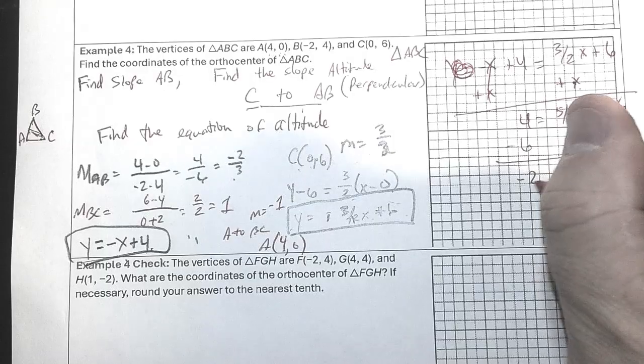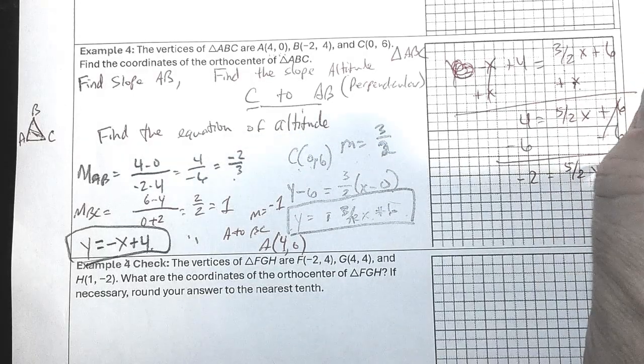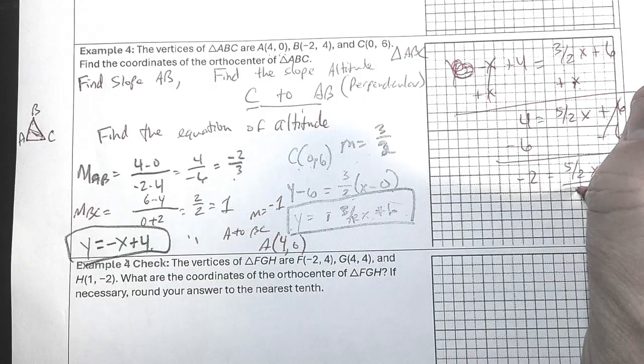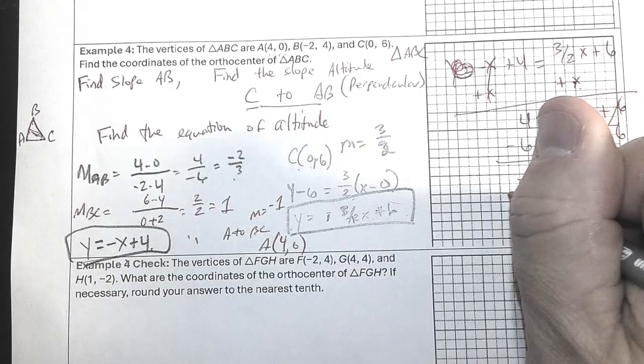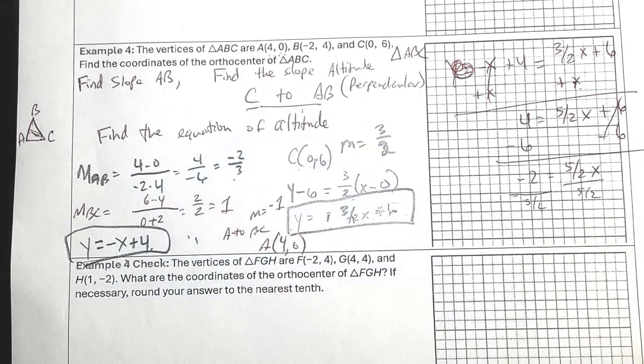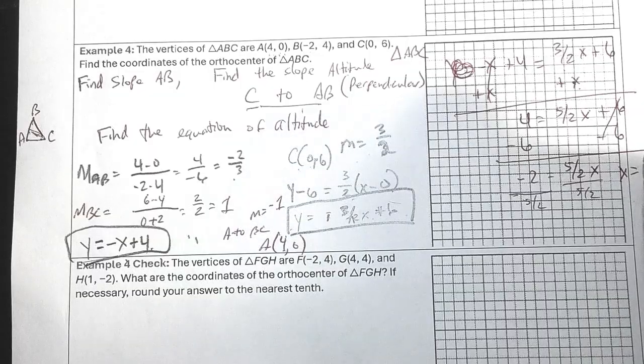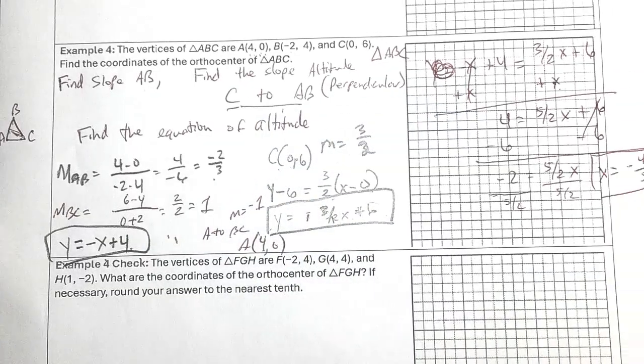So you get 5/2 x equals -2. And then when you divide both sides by 5/2, which is 2.5, you get 2 over 2.5, which is the same as x equals -4/5.